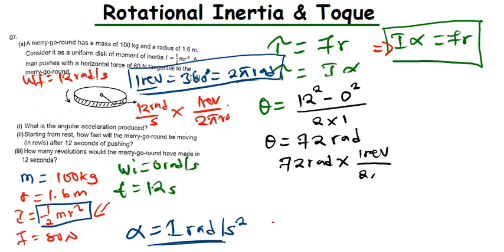There is 2 pi rad and rad will cancel. I'll divide 72 by 2 pi, so I'm getting my theta now in revolution to be 11.459 revolutions.